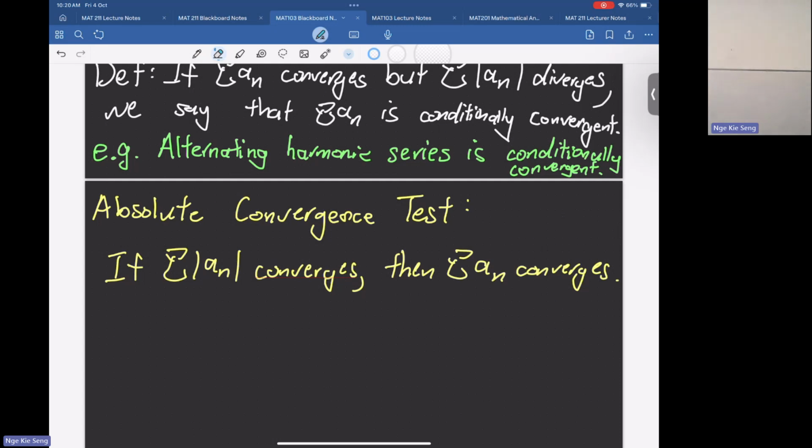Actually, this testing is the last topic in your MA1. Every test appears in the last topic; series appear in the last topic.